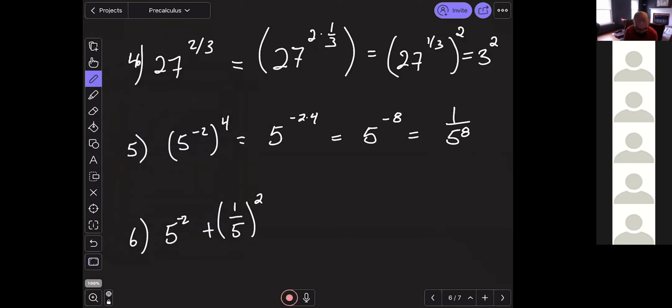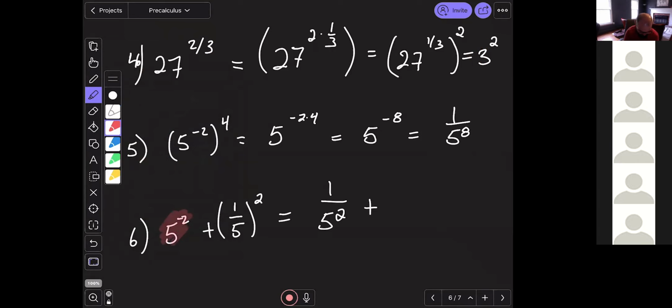So just to go through this last one here, this should be 1/5 squared plus, and I'm going to highlight these so we know what piece is what. This red piece, I'm going to put in the denominator. And then the next piece, this blue piece, I'm going to take this square and square both pieces.